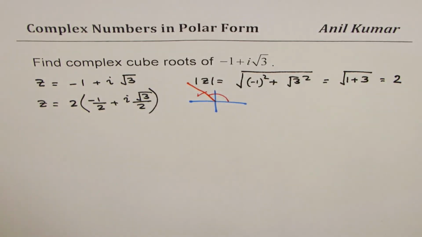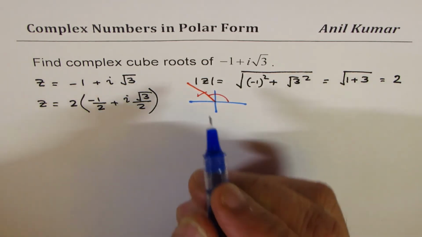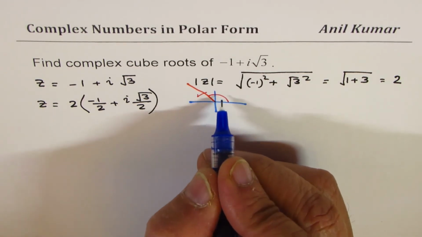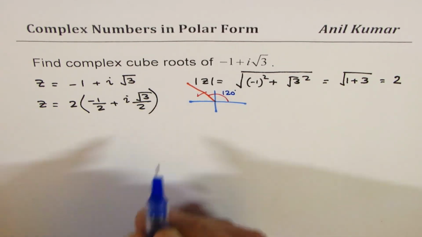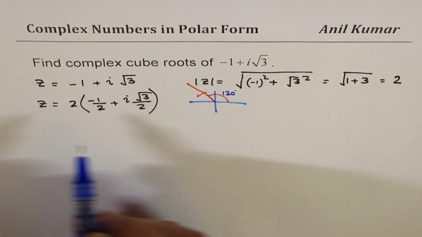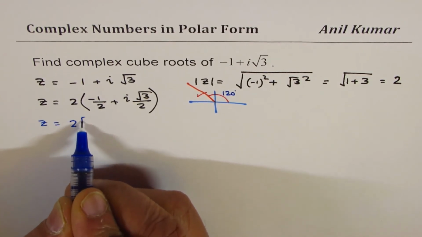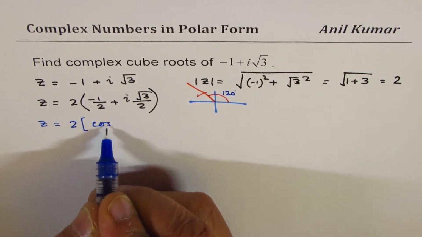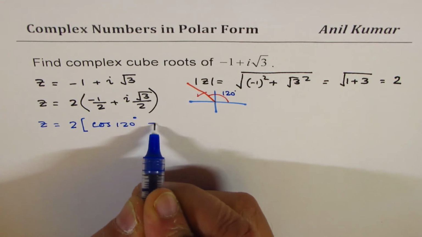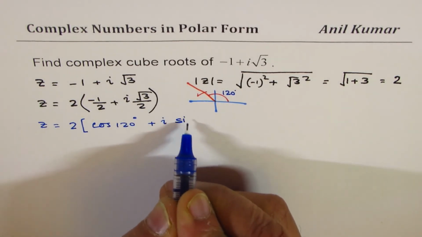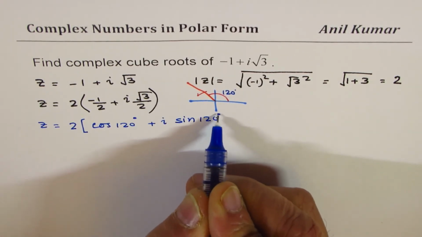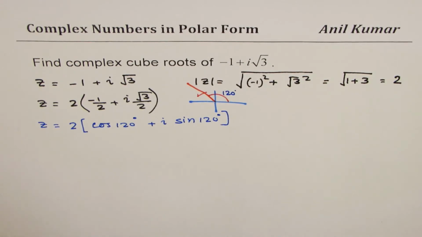Just as we did in our previous example. So I've taken the same numbers actually. So we could write this complex number as 2 times cos of 120 degrees plus i sine of 120 degrees, correct? So that is the first step.